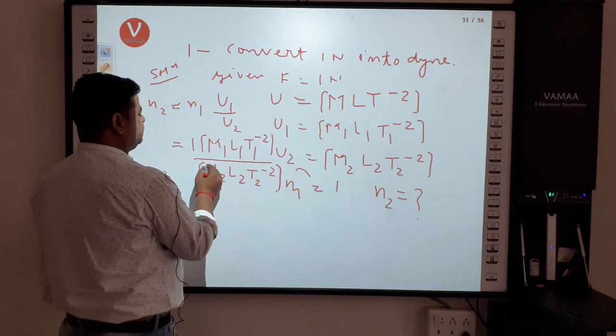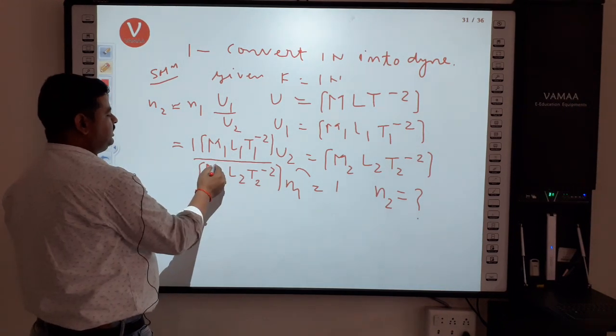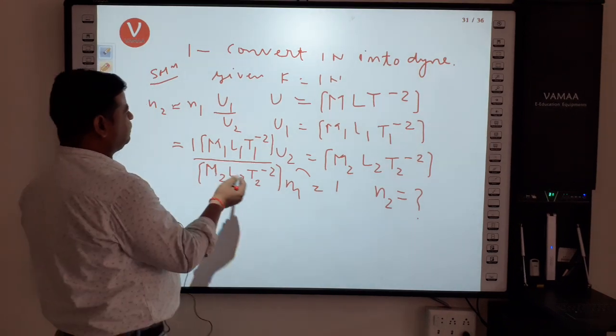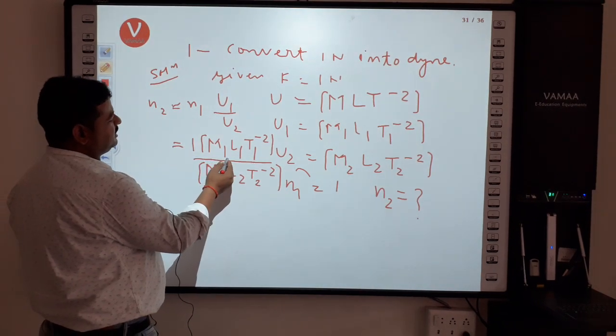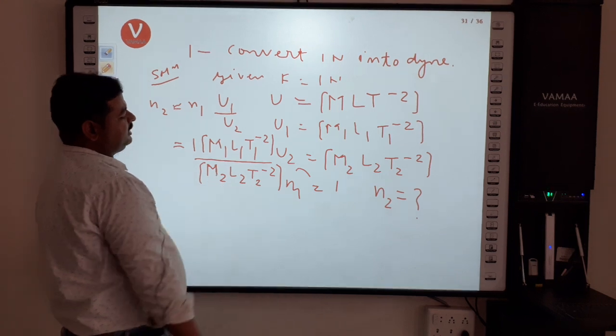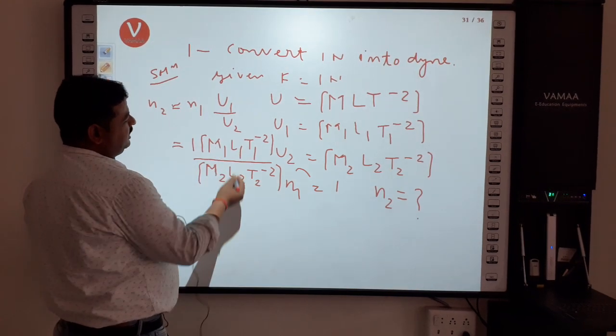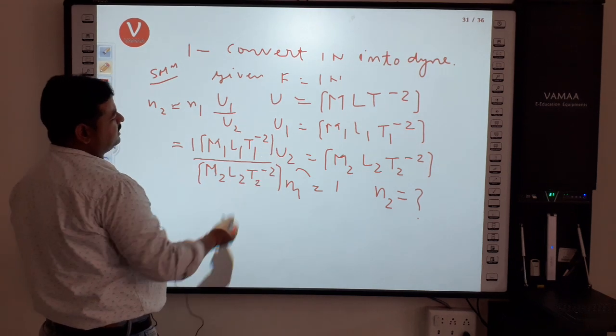We already know that 1 represents the MKS system and 2 represents the CGS system. M means mass, L means length and T means time.